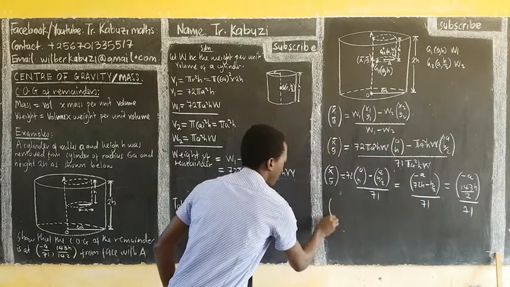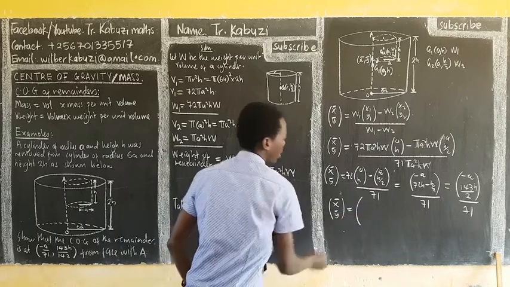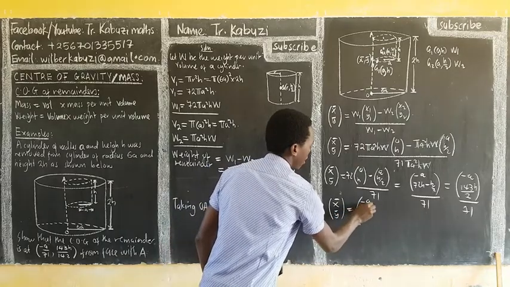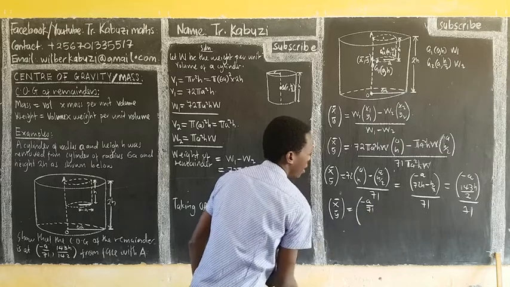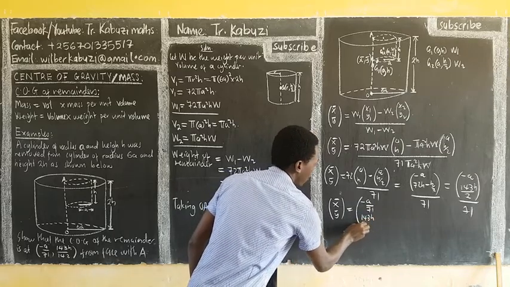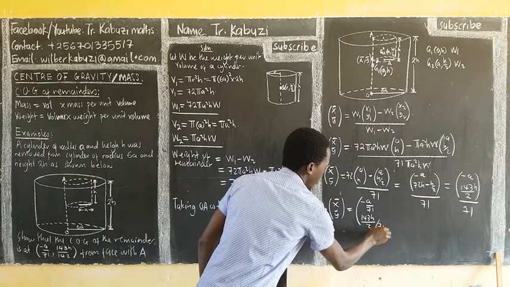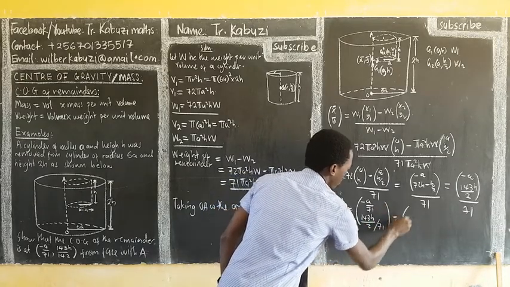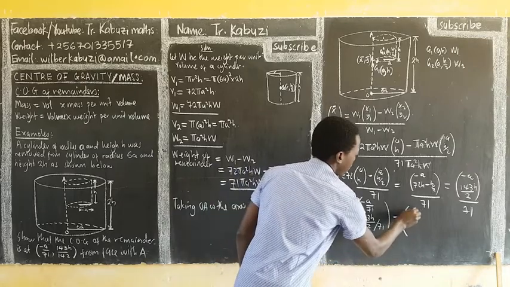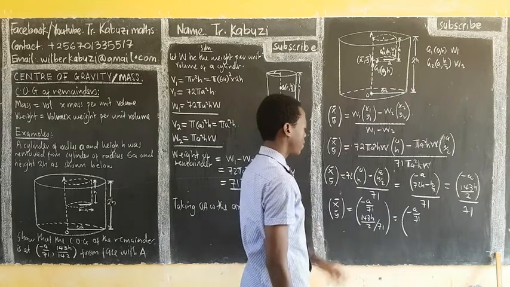So our x bar, y bar is going to be negative a over 71, then 1 over 3h over 2 divided by 71. Can we simplify that? This is negative a over 71. So when I divide this, we just multiply.